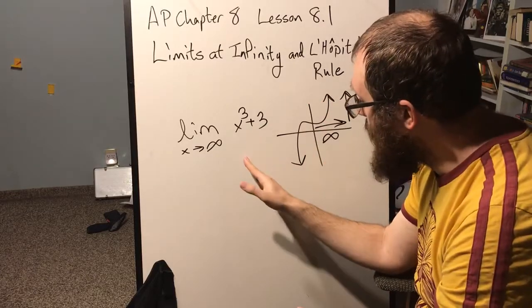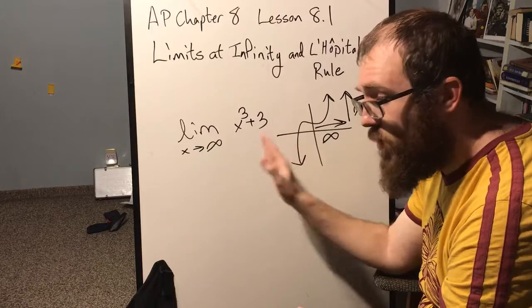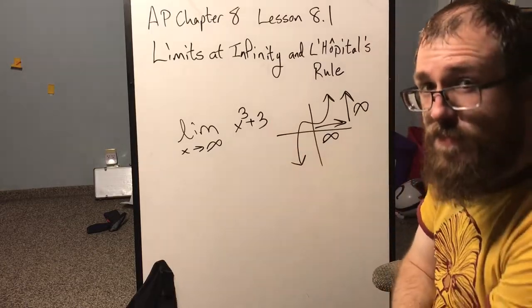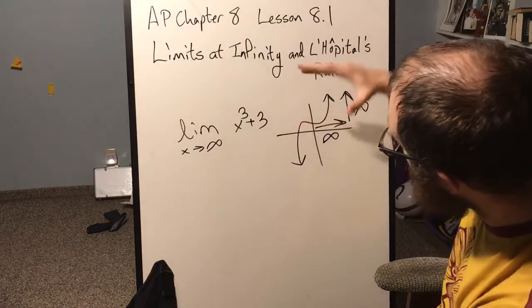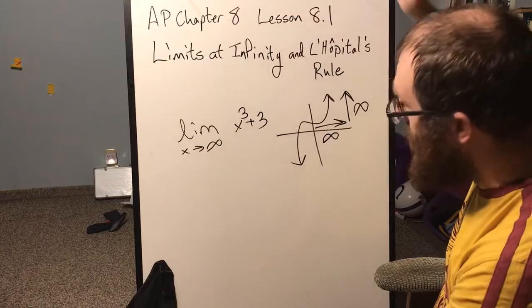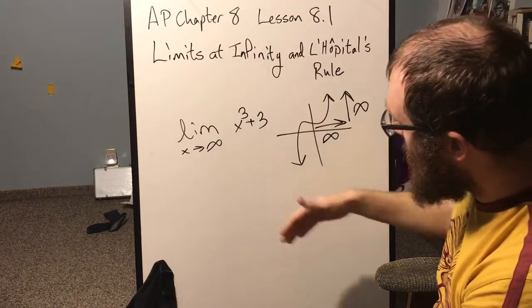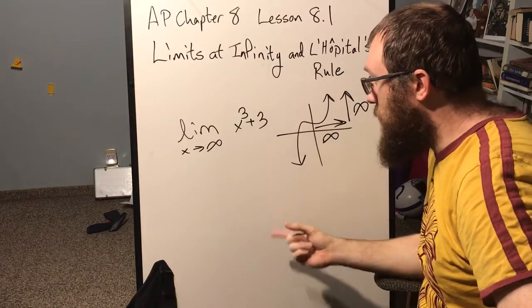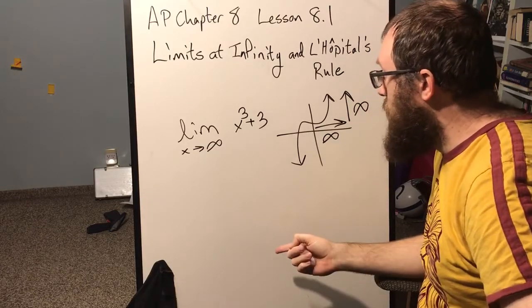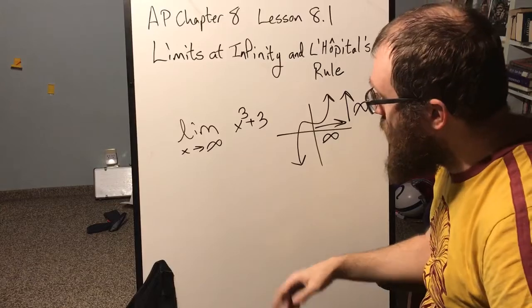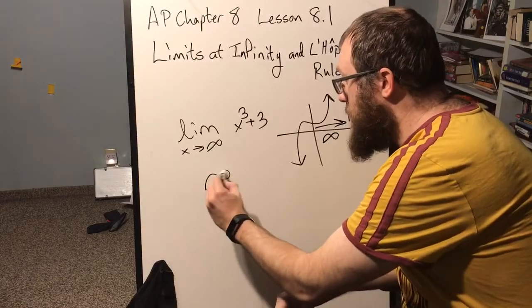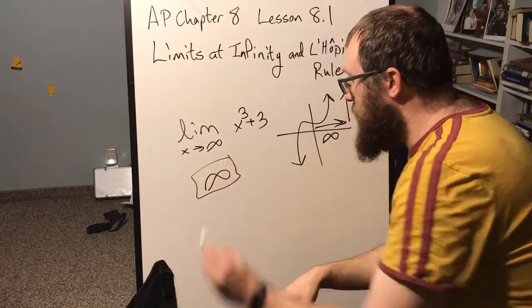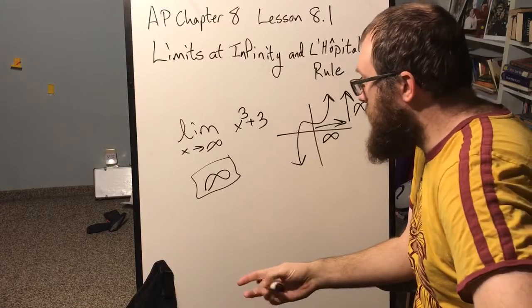And then 5 would take me to 128. So it's going bigger and bigger and bigger. And not only is it getting bigger, it's getting bigger faster and faster as we go, expanding toward infinity. So the limit as x approaches infinity of this function is also infinity.